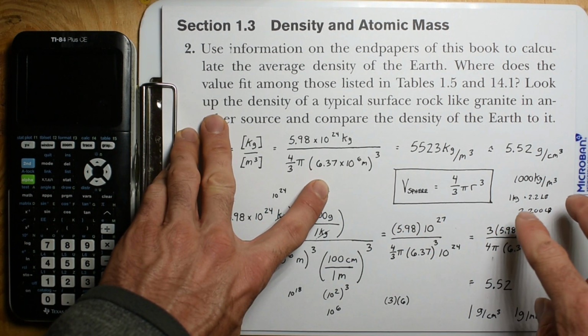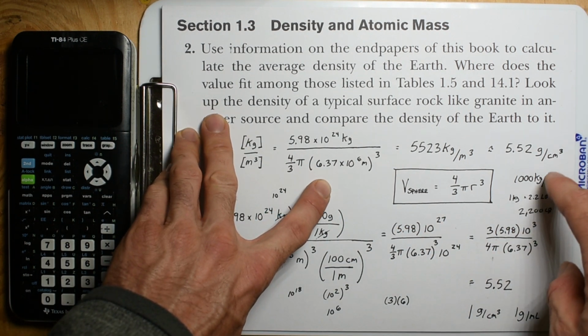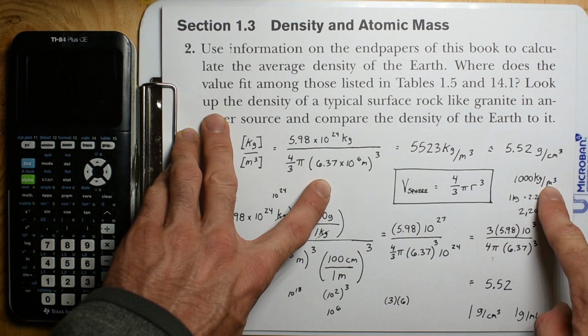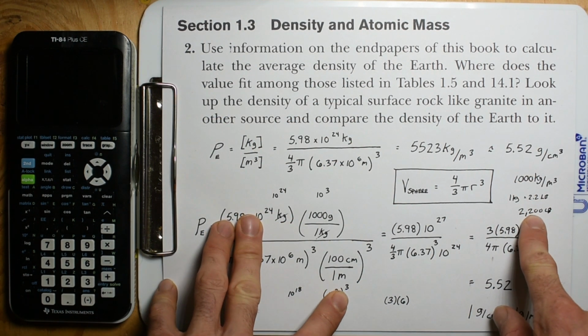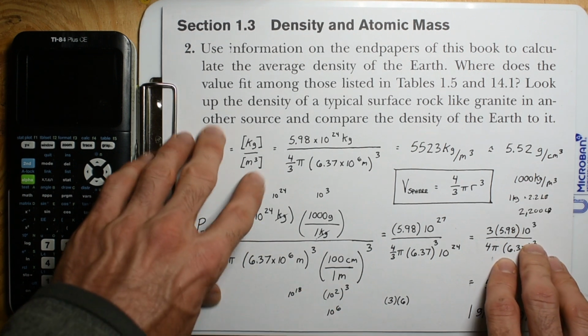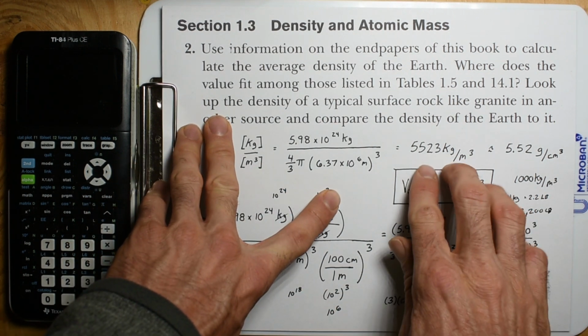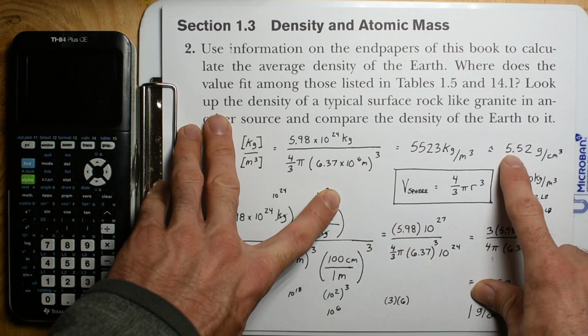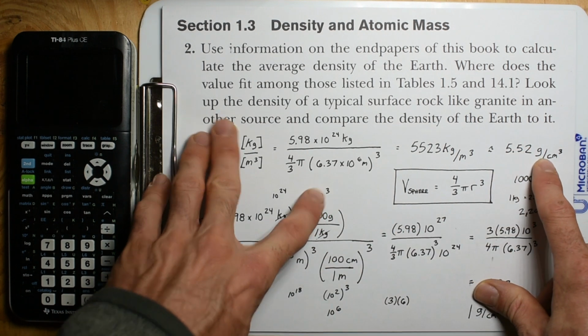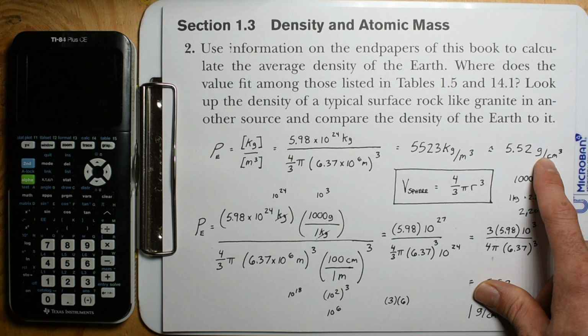A ton is 2,000 pounds, a metric ton another 200. So if we take this number that's 5,000, we have to divide by 1,000 to get 5.52 grams per centimeter cubed.